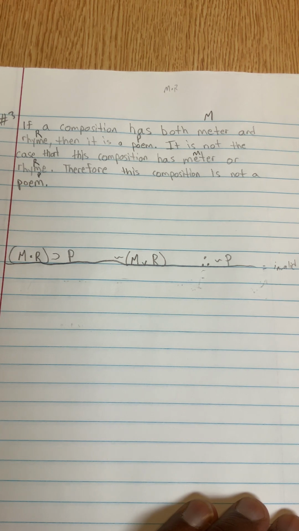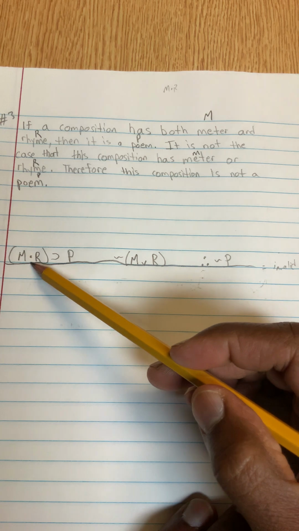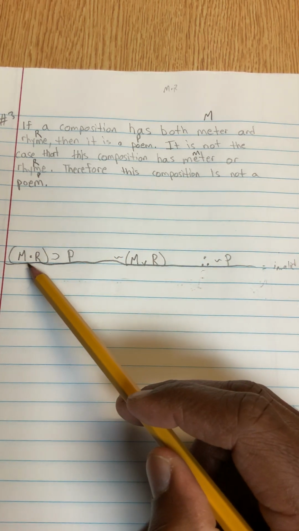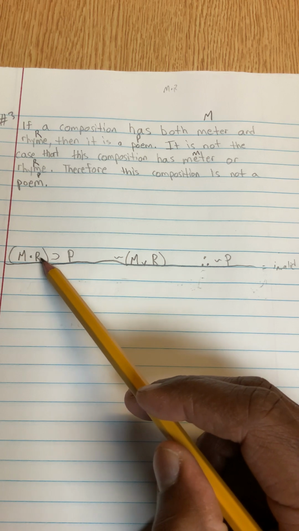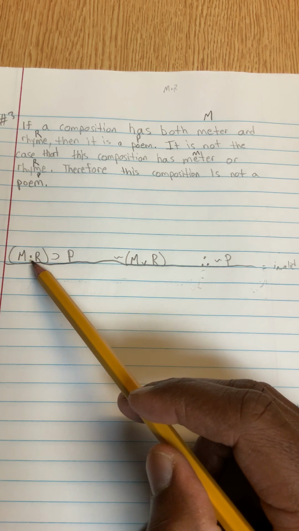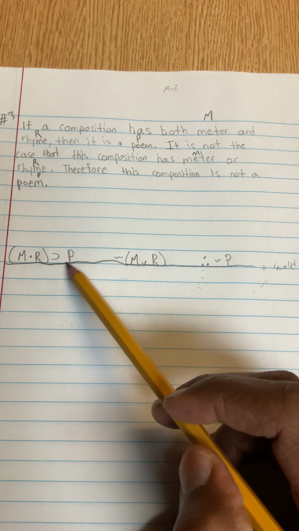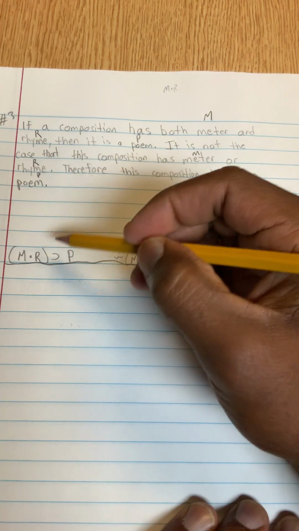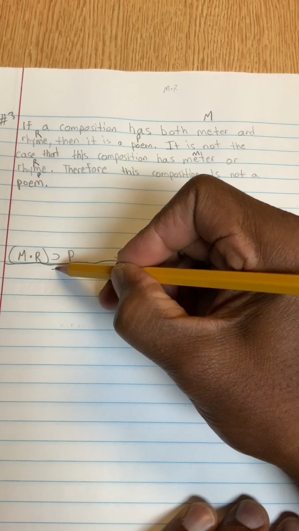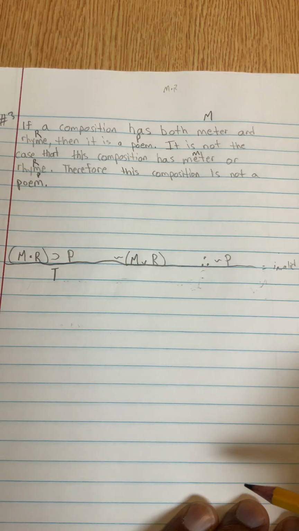You might be thinking, how is that possible? I see so many logical operators. Well, remember that this M and R, it's really the if statement. And here's the then statement. So really, your logical operator that you want to focus on or label as a truth is this one. Is that one.